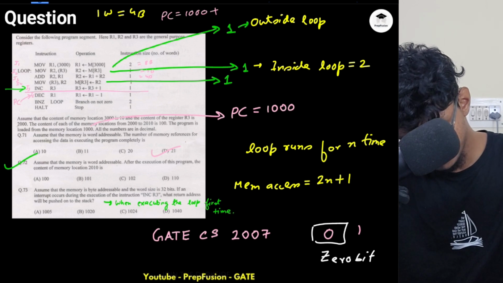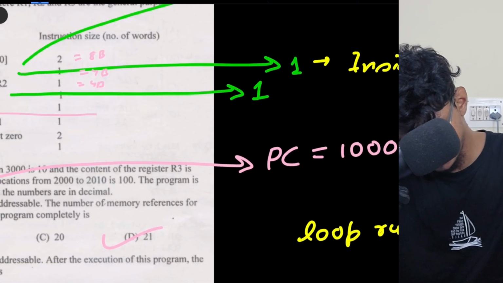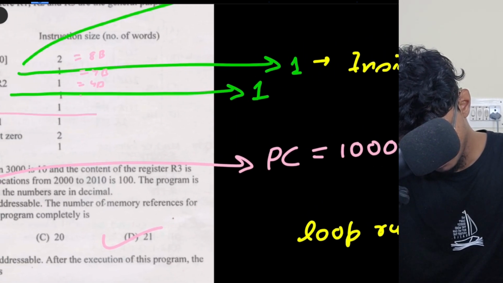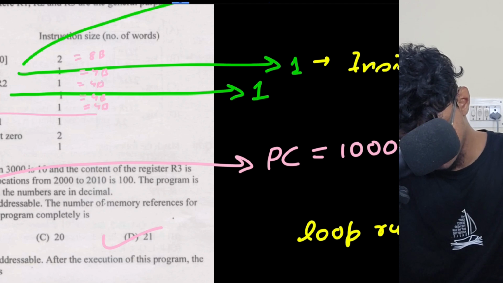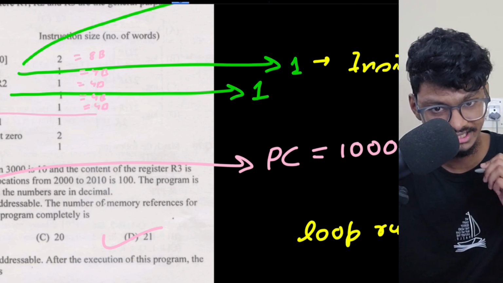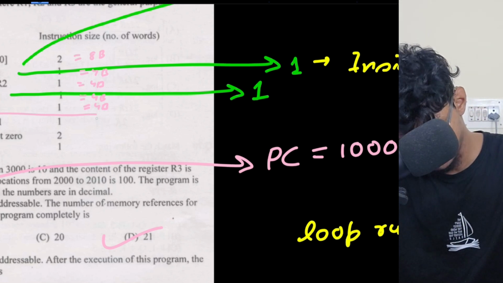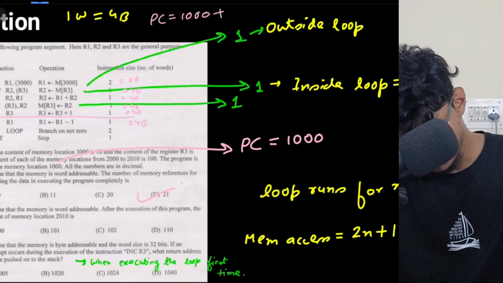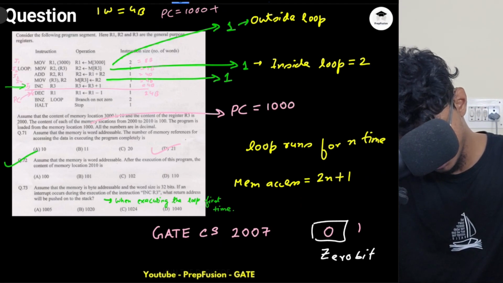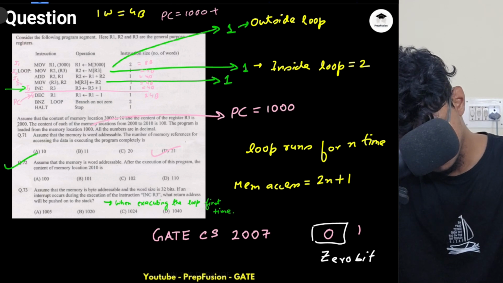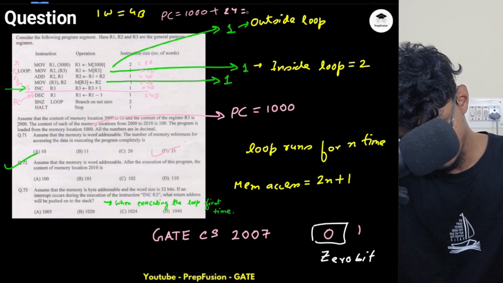This is 4 bytes, this is 8 bytes, this is also 4 bytes. So 4 plus 4 plus 4 plus 4 is 16, plus 8 is 24 bytes. So this one will be 1000 plus 24, which is 1024.